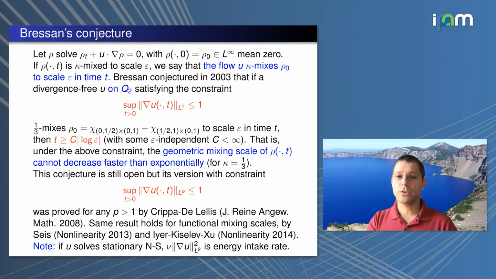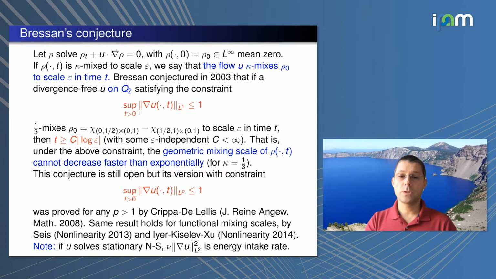And there is this conjecture of Bressan, which is almost 20 years old, and I don't know whether I should say it's surprising that it's still unsolved. Maybe he should have offered some money for it. The conjecture says the following: we need to put some constraint on the flow, otherwise we could mix very quickly.